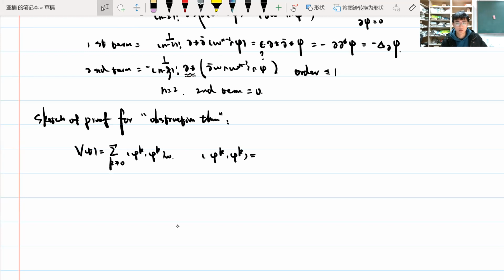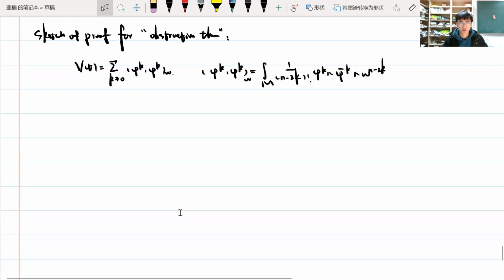So this can be written as, the coefficient at a point, which phi, and we compute its derivative.